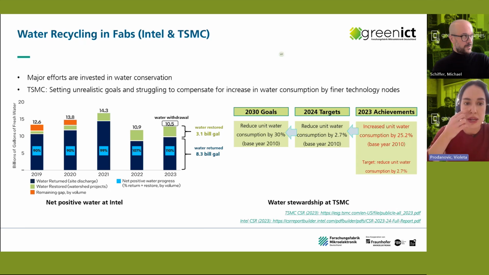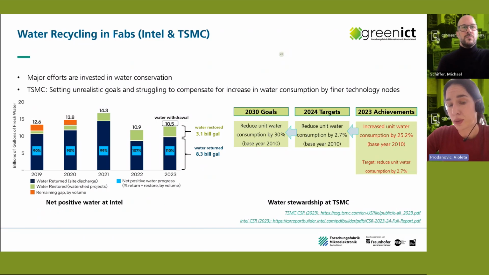So on the left image here, we have an excerpt from Intel's CSR report. Intel is reporting on net positive water for 2 years in a row now. So this complete or total water withdrawal of 10.5 billion, in this case, of gallons per year, over the sum of water restored.